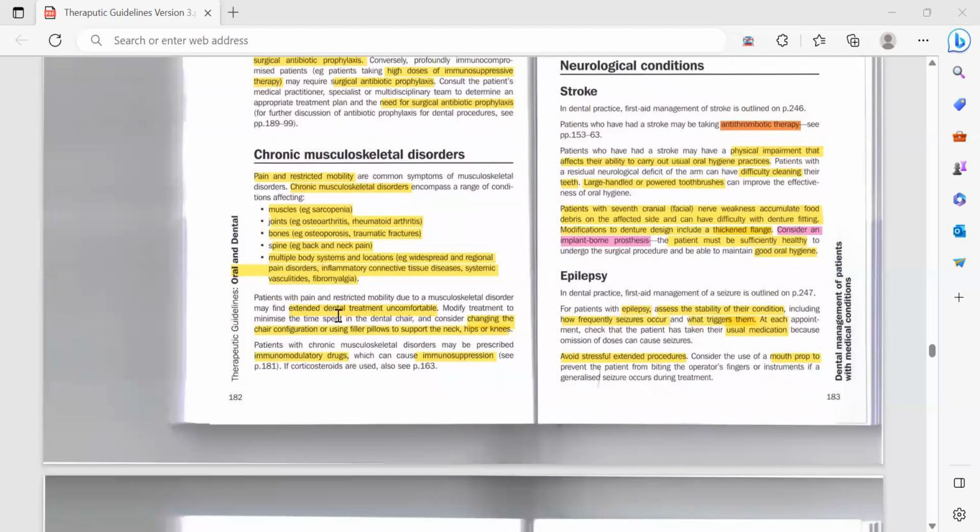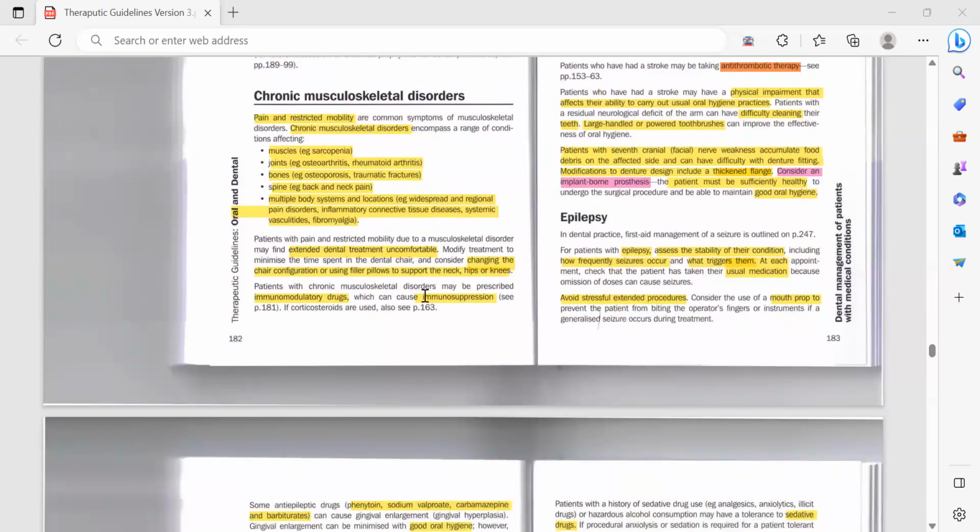They may find extended dental treatment uncomfortable, because their muscles and bones are painful, so it is very uncomfortable for them if the treatment is long. Modify the treatment to minimize the time spent in the dental chair, and also consider changing the chair configuration, or you can also give them pillows to support their neck, hips, or knees.